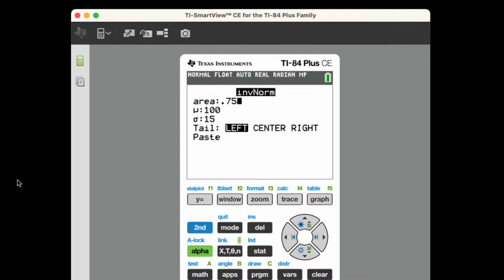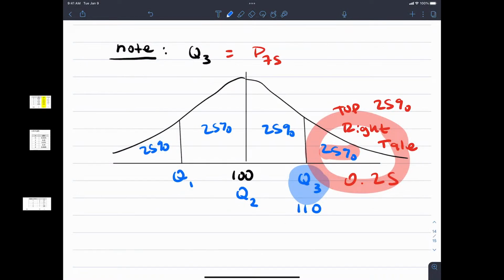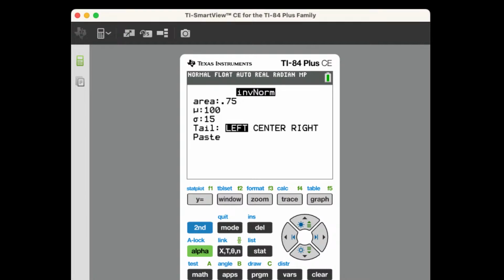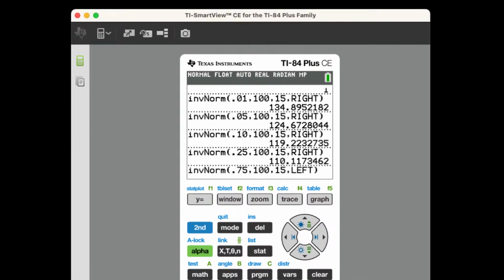Why is that 75%, even if I did the default? Because the complement of that 25% is this whole thing, 75%, and as a decimal, it's 0.75. So that's even true of the default. Your fancy calculator gives you area to the left, area to the right. Paste it. Notice you're getting the same answer there.